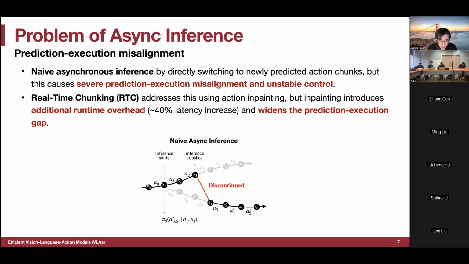So it turns out to widen the prediction and execution gap and cause the model to operate under greater state staleness. And actually, this leads to some accuracy degradation in some latency-sensitive scenarios, especially with larger VLA models or some resource-constrained hardware.